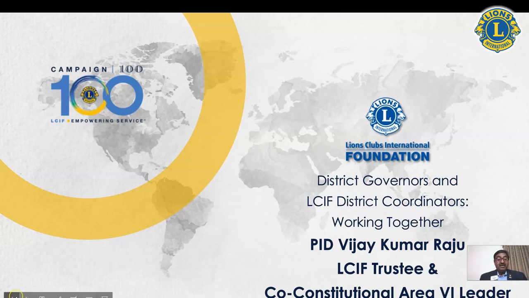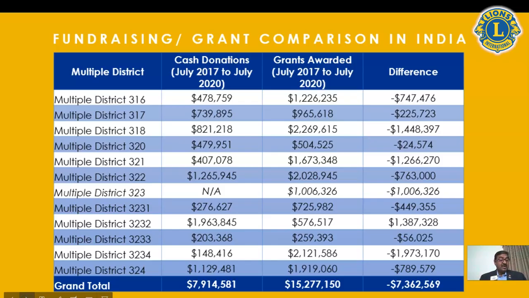Some of you in the audience may ask me today why you, in your role as a DG, should be so concerned about LCIF and Campaign 100. The answer to this question is in this chart on the screen. Within each multiple district in India, LCIF typically grants more to your districts than it receives from those same districts annually.